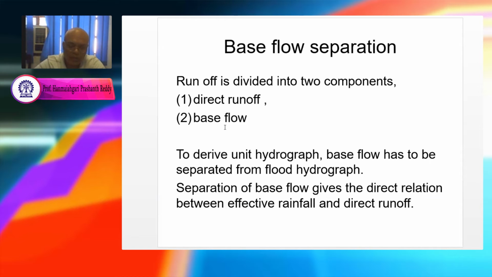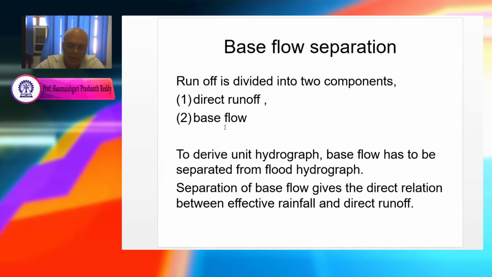So we are more interested in the immediate runoff for any construction activities such as constructing hydraulic structures, dams, or storm drainage networks. In all these cases, we are more interested in the immediate response to the rainfall. So we are more interested in direct runoff.